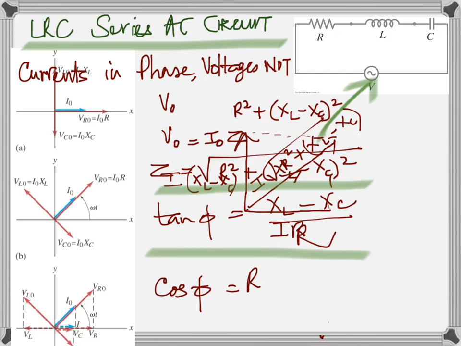I'll give you the explanation, but I have to throw some more stuff in to make you understand that. So cos phi is R over Z, and if you substitute the values, you'll get R over the square root of R squared plus XL minus XC whole squared.